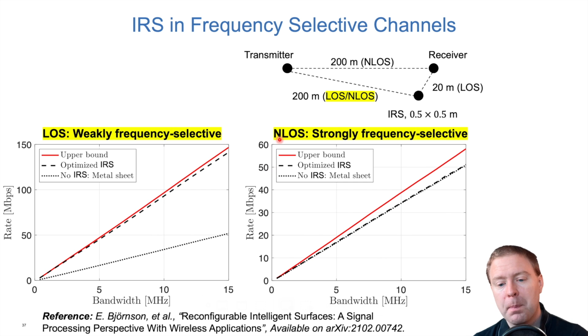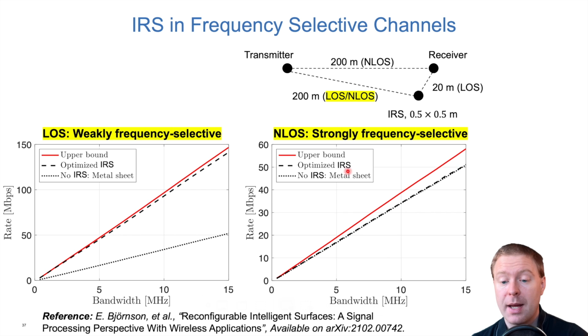If we are instead having a non-line of sight path between transmitter and receiver, so we are taking away the strong line of sight path and only keep the multipaths, then this is the result we're getting. We should notice that the rate values are much smaller, so everything is down here. And now the upper bound is a bit above the case with IRS, but not that much.